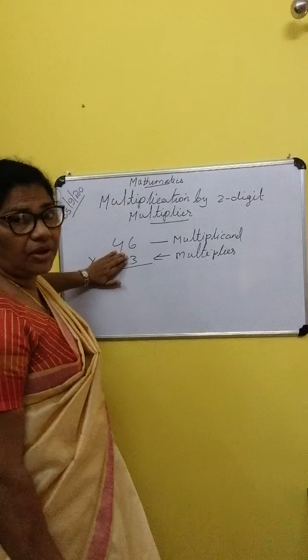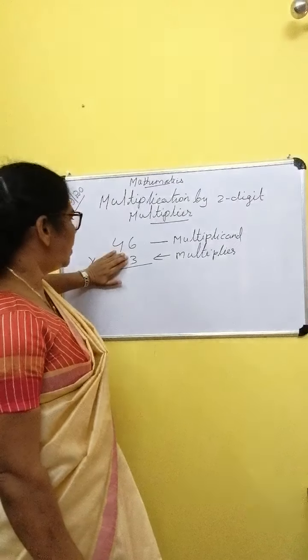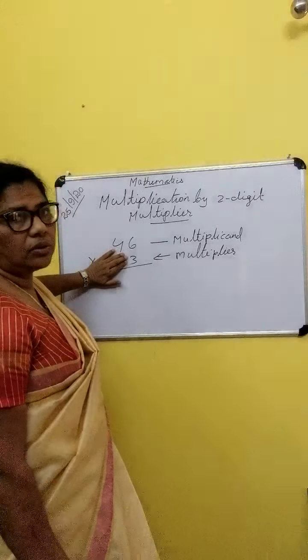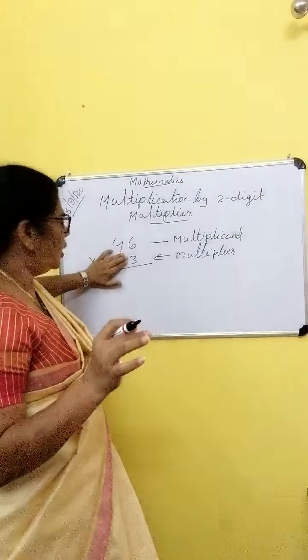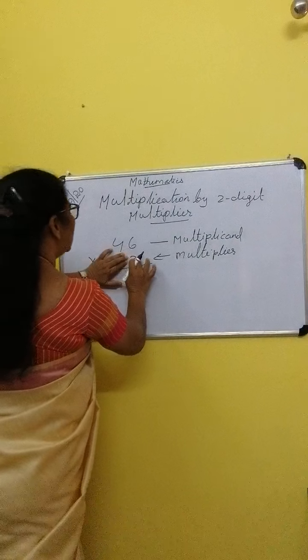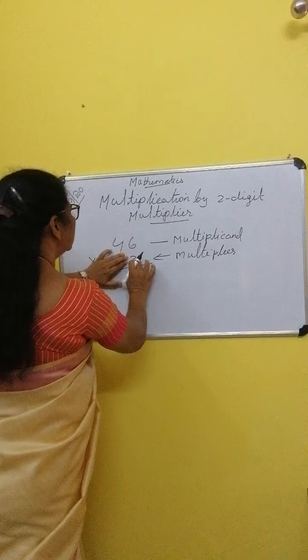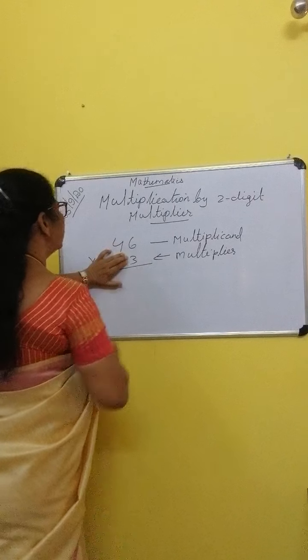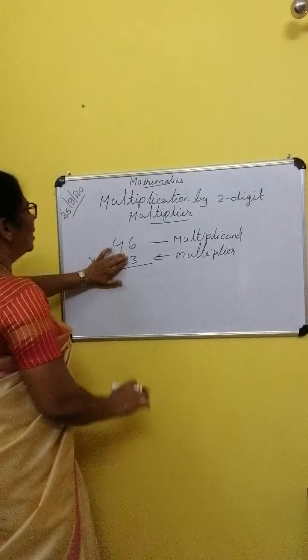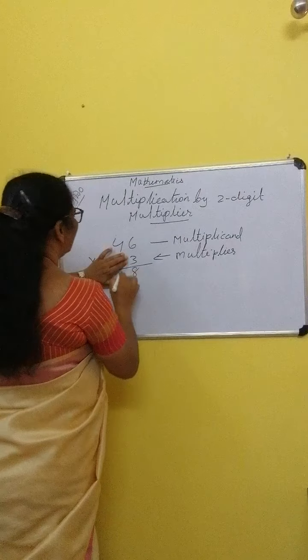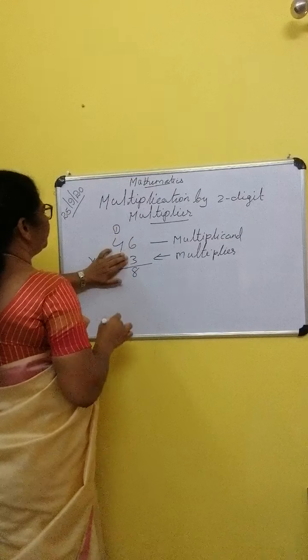Don't make any mistake. When you multiply by a 2-digit number, you start with the unit place of both numbers. This 3 is the ones place. You multiply these two numbers. First of all, 3 6s are 18, 1 will be the remainder.